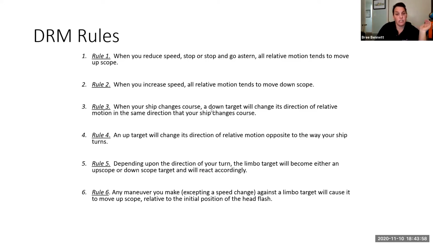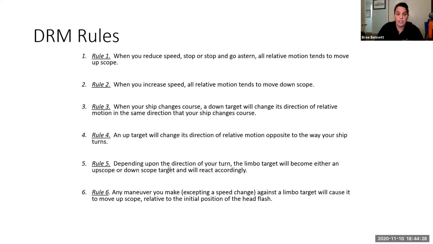When your ship changes course, a down target will change its direction of relative motion in the same direction that your ship changed. So we're going to see all of these happen on our examples. An up target will change its direction of relative motion opposite of your ship's turn, because we're going to change course and see how that affects different things.